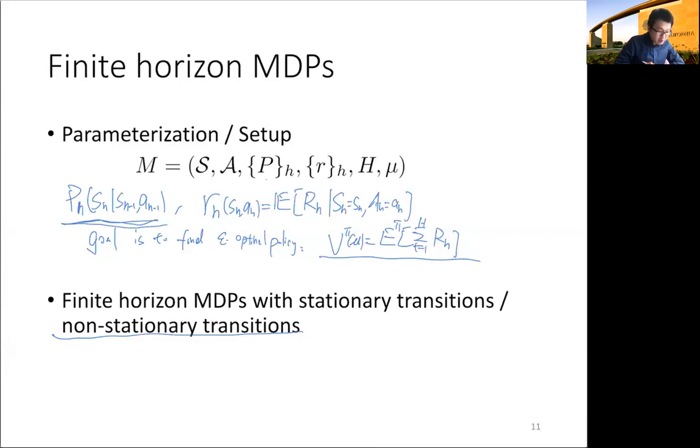Meanwhile, sometimes they do not change over time, and even if they do not, as we will see in the next slide, there is some tricky business when we start to talk about Bellman equations and the value functions, the V value functions, the Q value functions. So we say that this finite horizon MDP is stationary if P_h(s' | s, a) is the same as P_h'(s' | s, a) for all h and h'.